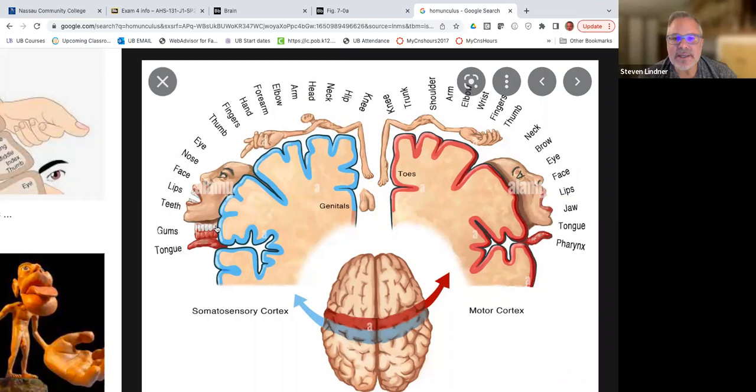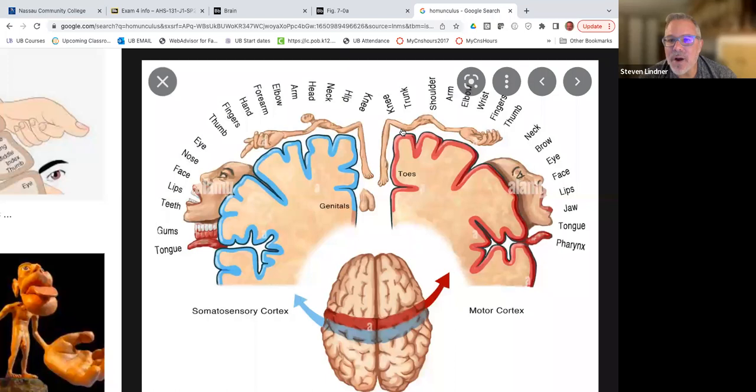And what's really interesting is that the parts of the body that require the most precision, like eye movement, lips, fingers, and hands, actually occupy more geographical space of the brain than do the larger parts, like the thigh, the legs, the feet, right?